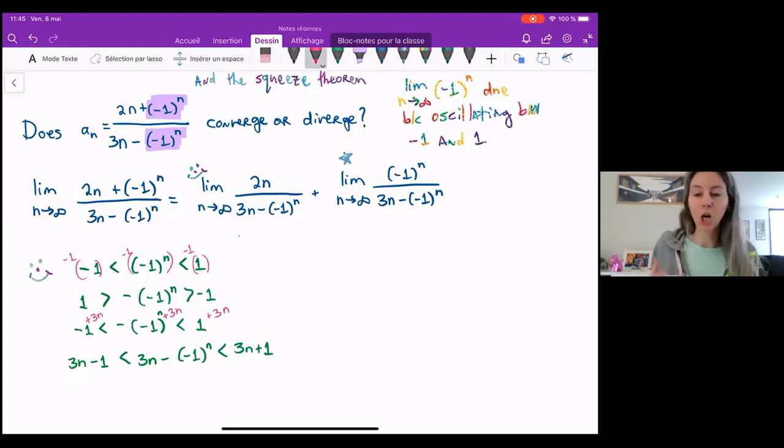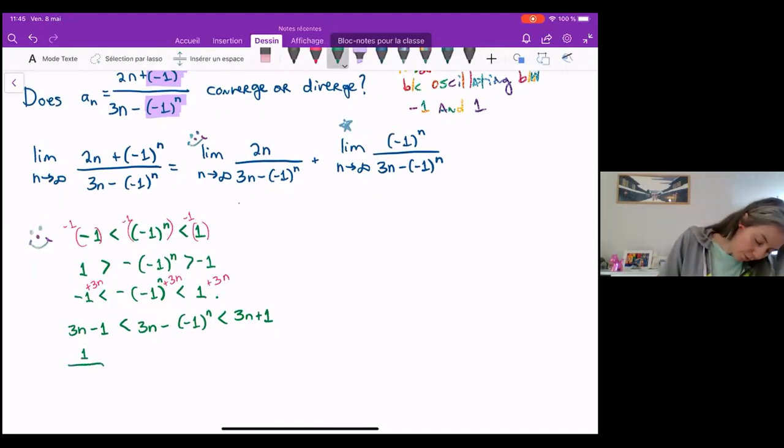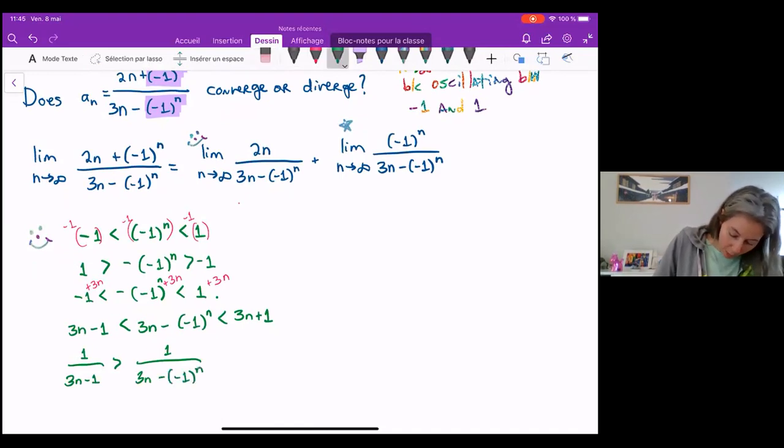Now this is in our denominator, so we need to flip the fraction. And remember, flipping the fraction also results in a change in inequality. So this will be 1 over (3n - 1) greater than 1 over (3n - (-1)^n), which is greater than 1 over (3n + 1).